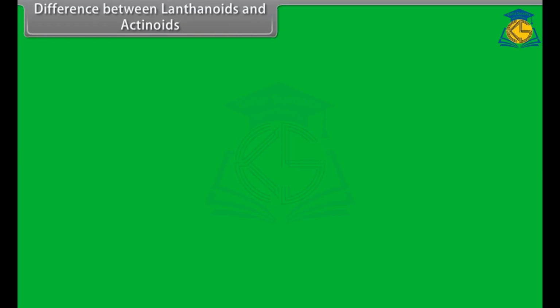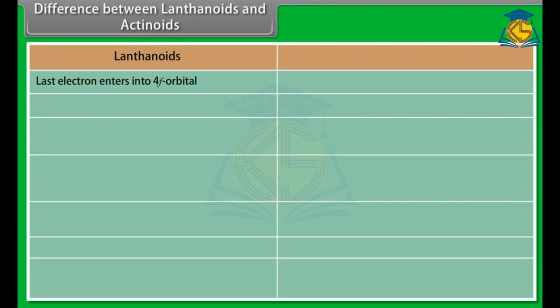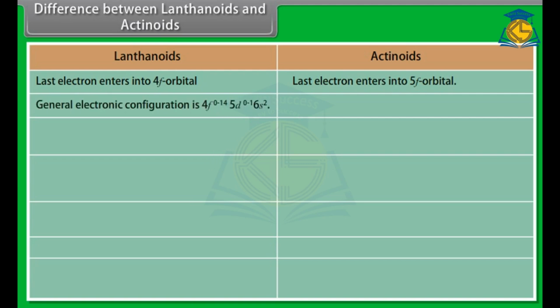Difference between lanthanoids and actinoids. In lanthanoids, last electron enters into 4f orbital, whereas in actinoids, last electron enters into 5f orbital. In lanthanoids, general electronic configuration is 4f0 to 14, 5d0 to 1, 6s2, whereas in actinoids, general electronic configuration is 5f0 to 14, 6d0 to 1, 7s2.